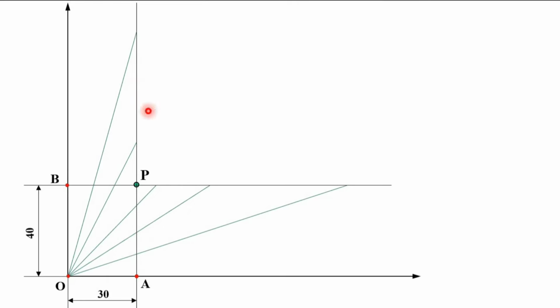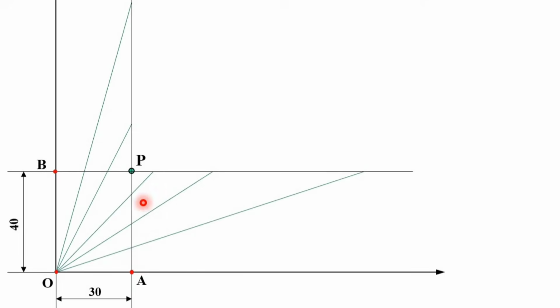which will intersect this vertical line. So mark them as 1, 2, 3, and here they also intersect, so it will be 4, 5.